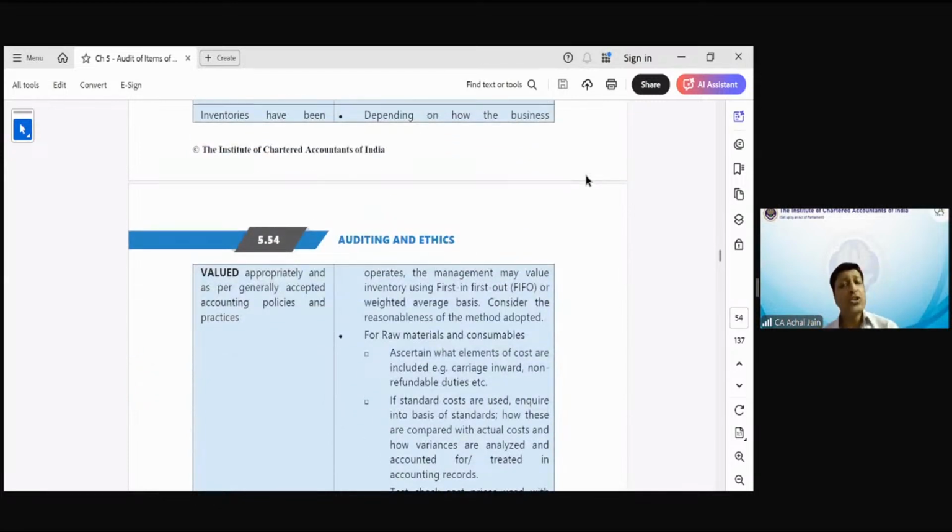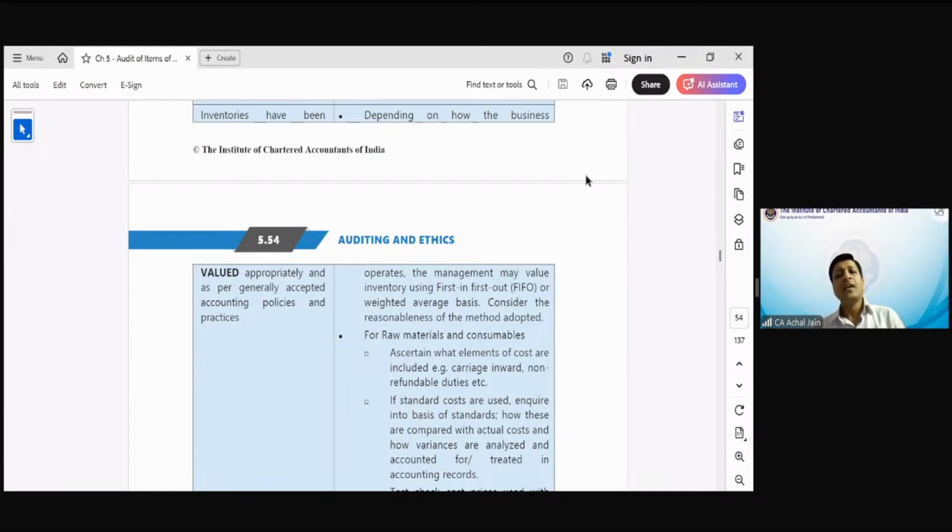Then valuation is a very important aspect, because it is also a very challenging area. It's critical because it's challenging, and in some companies where this entire process is done manually, the chances of error also increase.